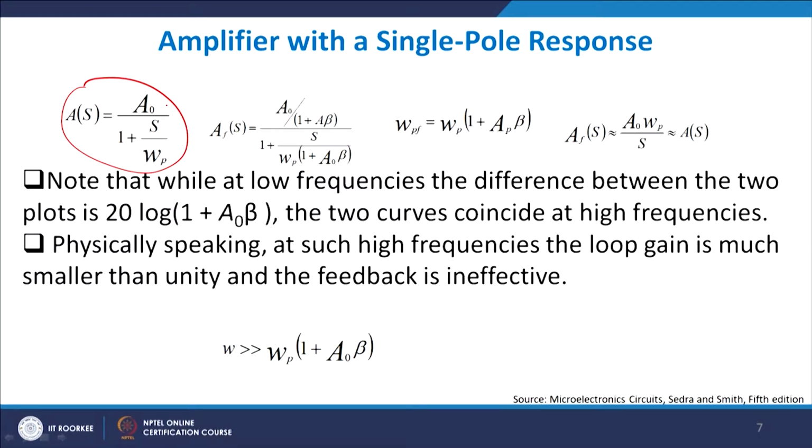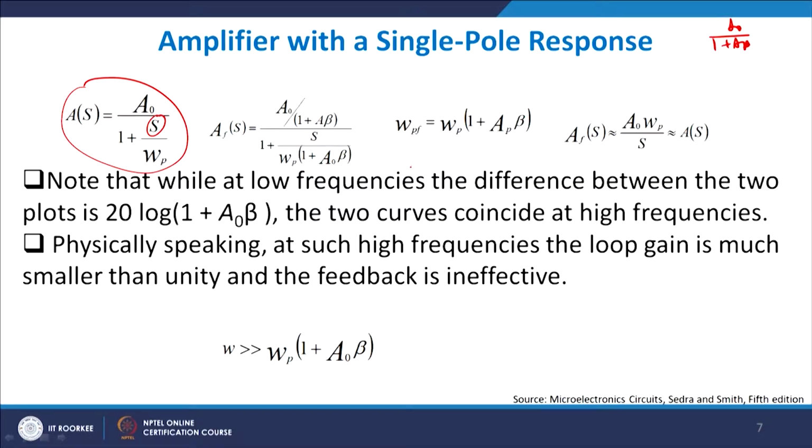So we will get only a single s function here. So AF(s) with feedback will be A0 upon 1 plus A beta. You remember it is basically A0 upon 1 plus A beta. So I am just replacing this A by 1 plus A beta, and I get A0 here.